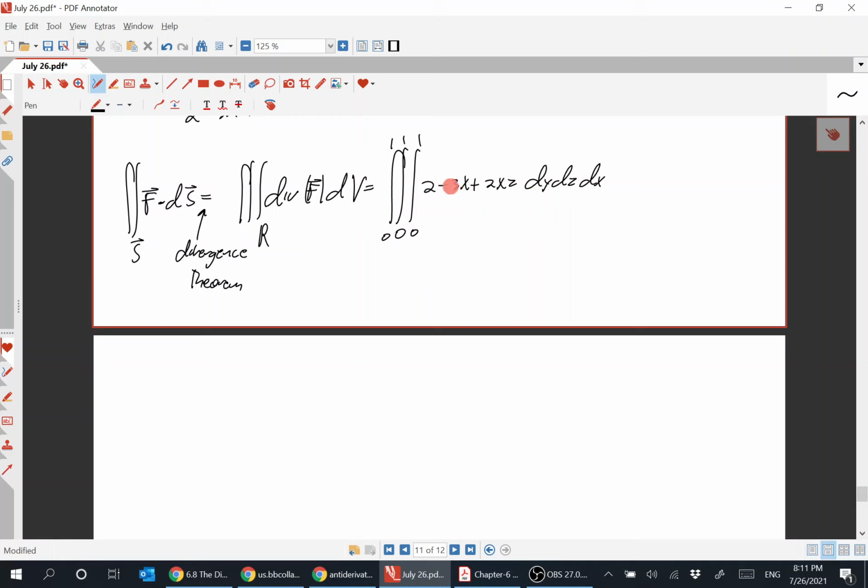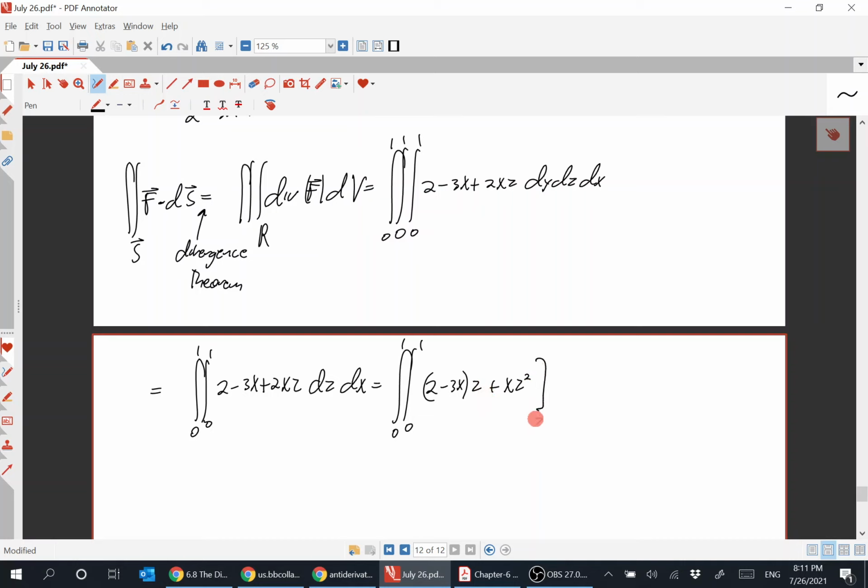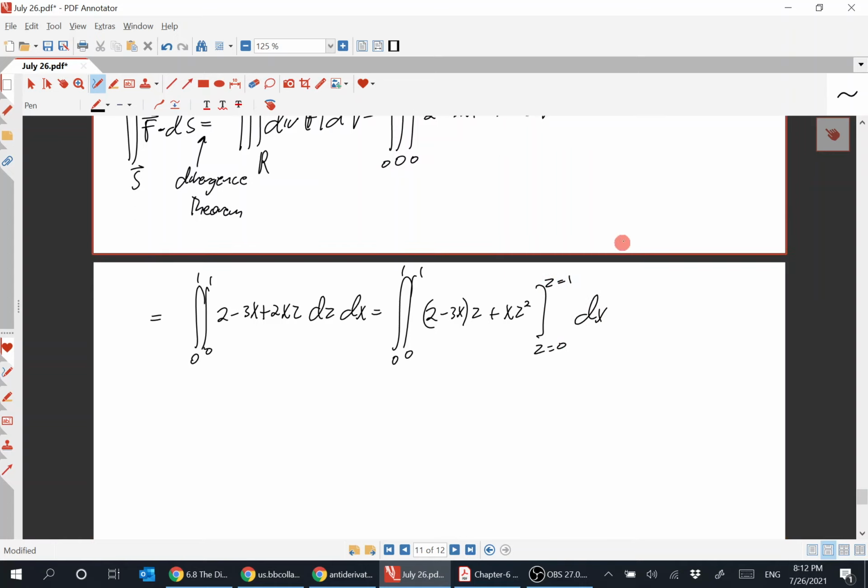There are no y's there, so it's just that constant times 1. So 2 minus 3x plus 2xz dz dx. The antiderivative with respect to z is 2 minus 3x times z plus xz squared, from z equals 0 to z equals 1, and then dx.